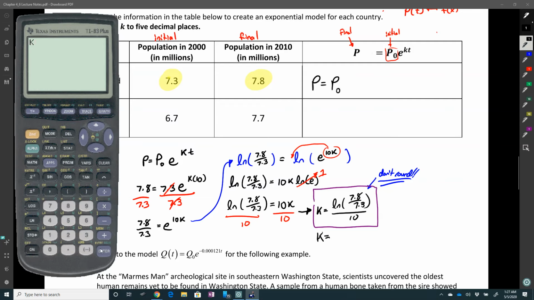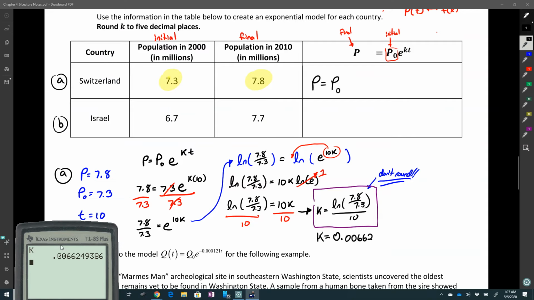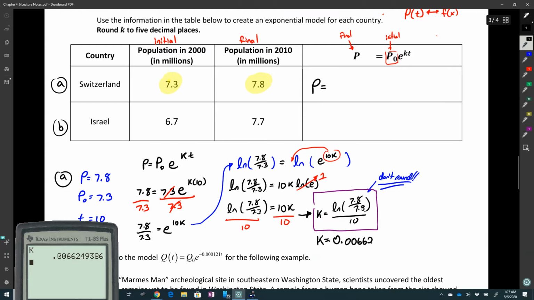I just do alpha K. 0.00662. So, sorry. The actual formula for the equation, they want you to plug in the P naught, 7.3, e to the 0.00662t. And that's the formula that they're looking for.